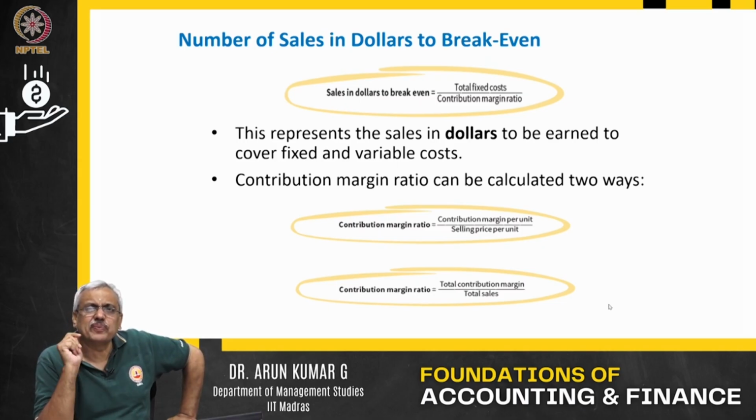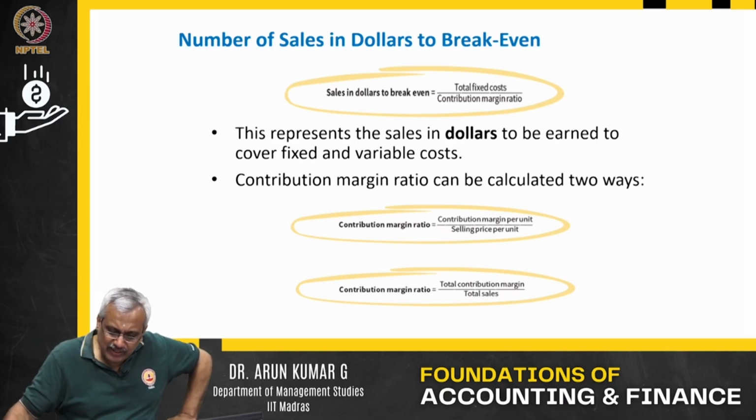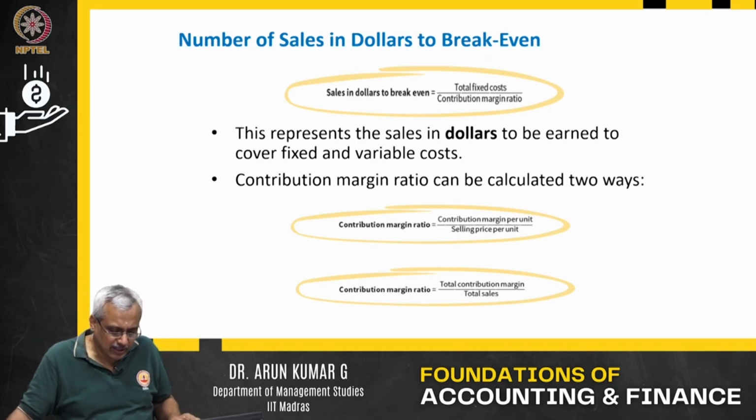Profit volume ratio is what we call the contribution margin ratio. Break even in dollars is fixed cost divided by the contribution margin ratio. Contribution margin ratio is your contribution per unit divided by the selling price. That is what gives you the PV ratio or contribution margin ratio.